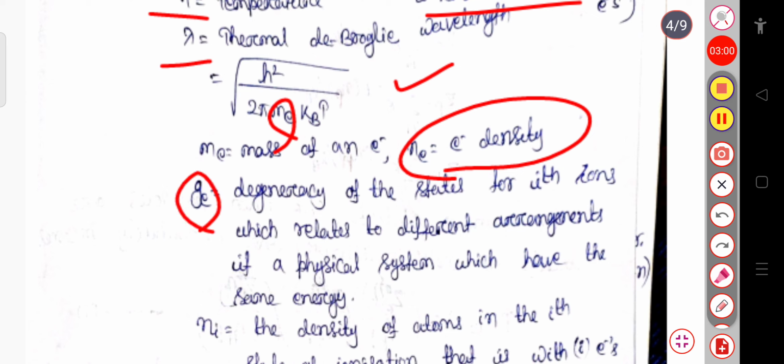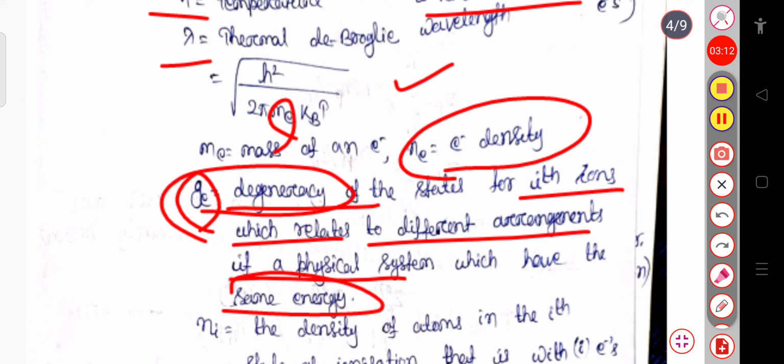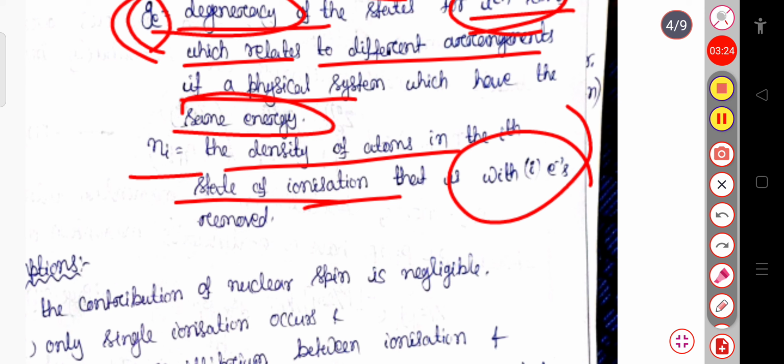Gi is the degeneracy of the state for the ith ions, which relates to different arrangements of a physical system having the same energy, or you can simply say that G is the degeneracy of the state for the ith ions. Ni is the density of the atom in the ith state of ionization, that is with i electrons removed.